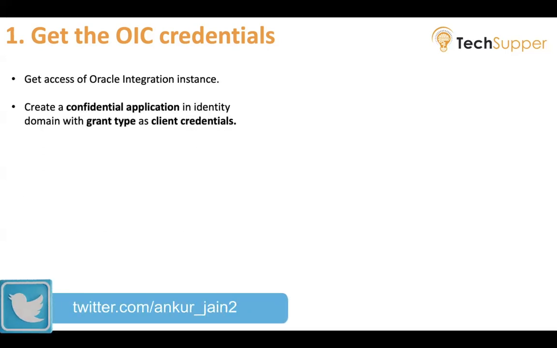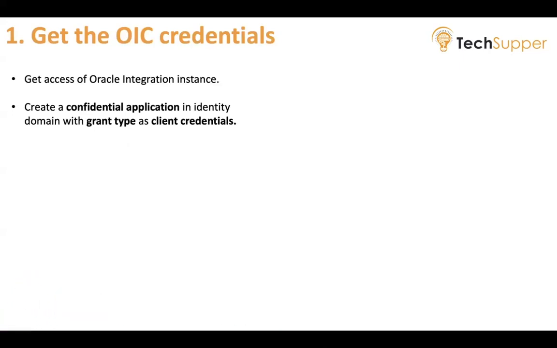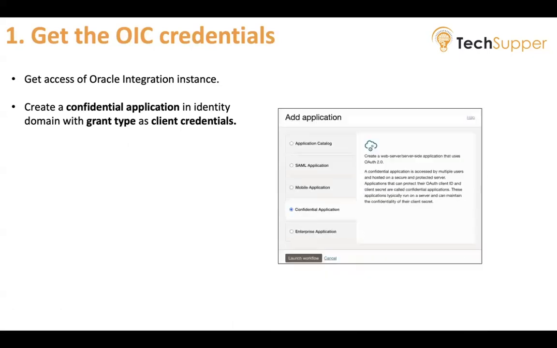After that, you have to create a confidential application in the identity domain with grant type as client credentials. So you have to get into the identity domain where you will create a confidential application.